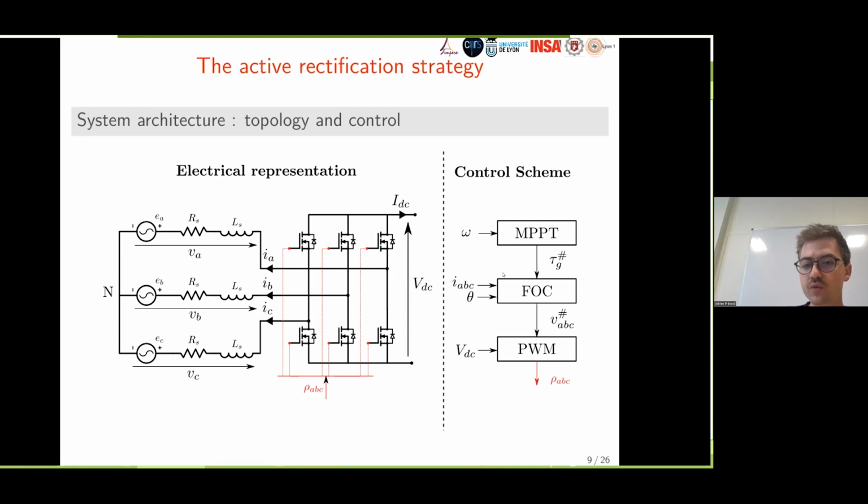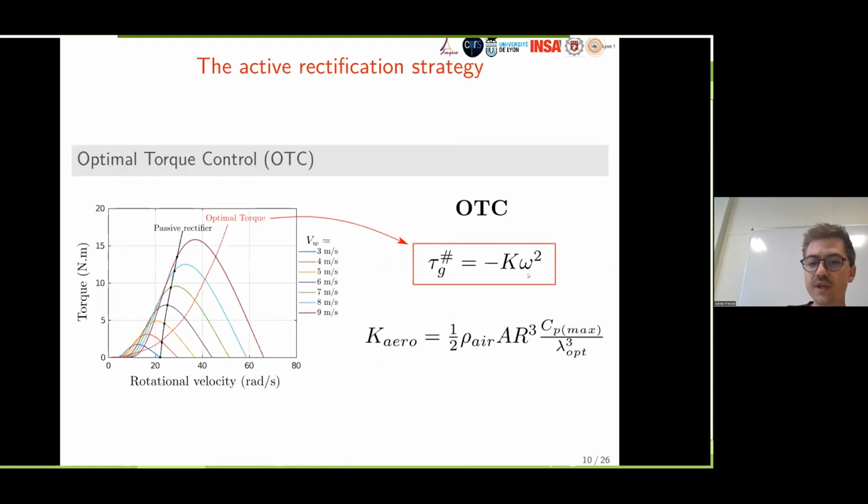And with this optimal torque control, the goal is to always apply a torque on the generator. So it's a negative torque because we are braking the generator, which is proportional to the square of the rotational velocity of the wind turbine.